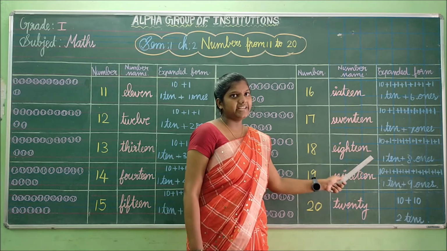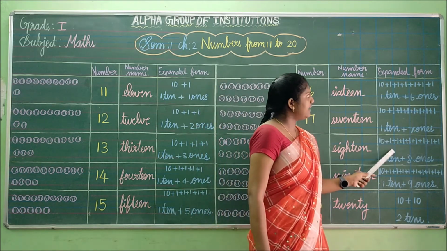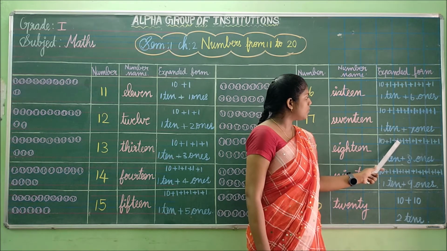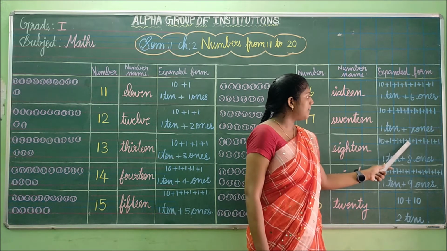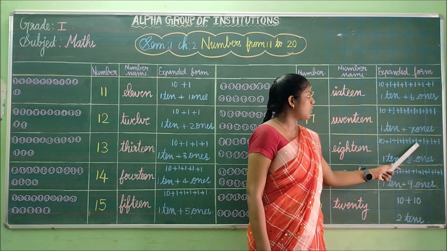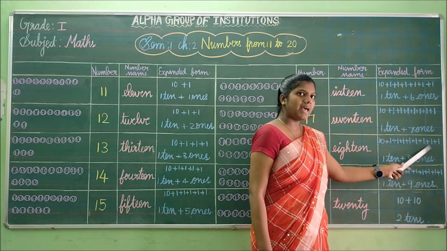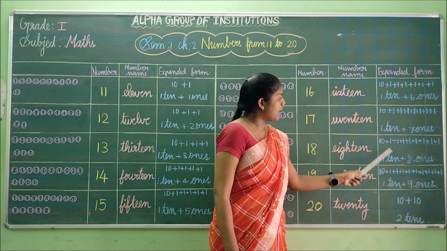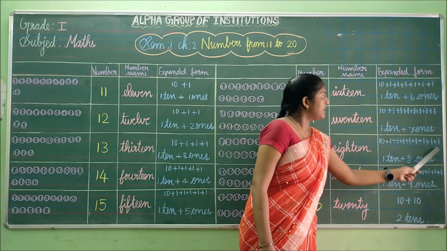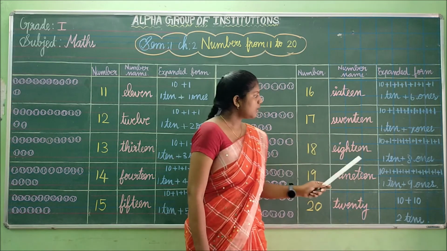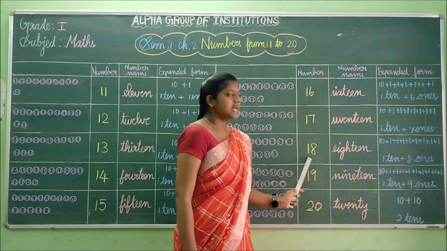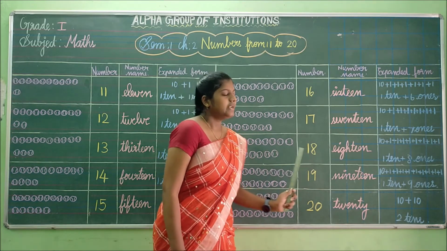EIGHTEEN, 18. Now see its expanded form. 10 plus 1 plus 1 plus 1 plus 1 plus 1 plus 1 plus 1 plus 1. So here we have 1 ten and 8 ones. So 1 ten plus 8 ones is number 18.